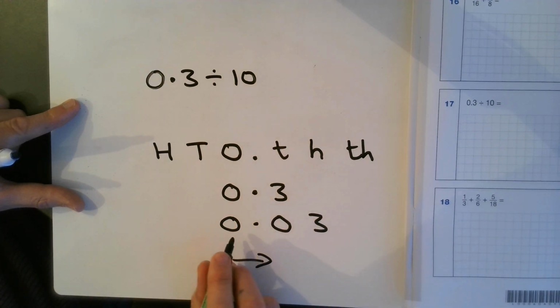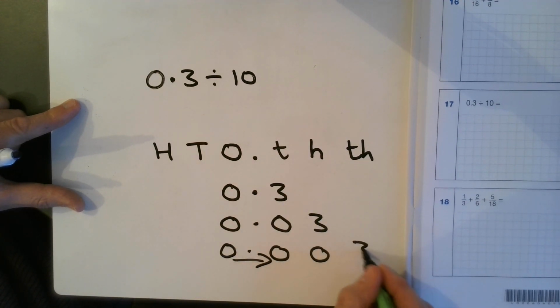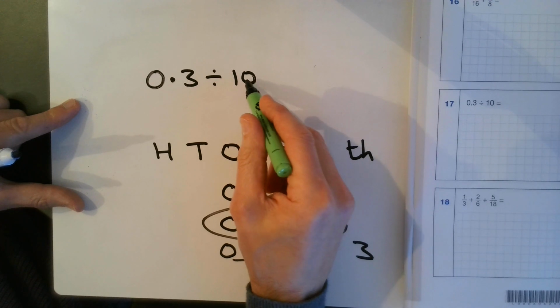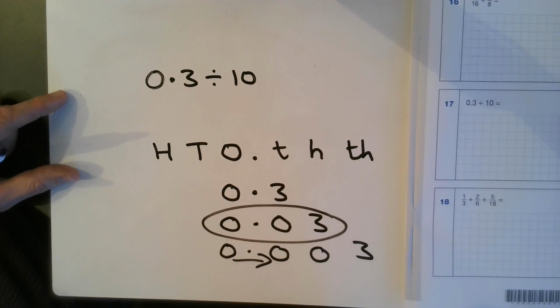If we were to divide by 10 again, it would move again one place to the right, but that is our answer because we're just dividing by 10, so it's just one step to the right, 0.03.